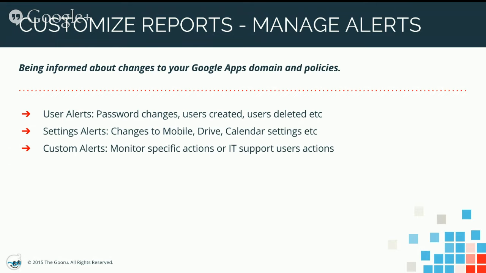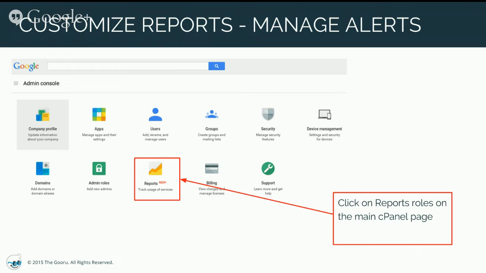And also now you can do customized alerts where you can monitor specific actions on your domain like group additions or deletions, or you might have a need to monitor a specific support staff user's actions, either as part of a decommissioning process if they're leaving, or to alleviate any errors that might be happening on your domain. As a systems administrator, you can never really have too much information and be advised about what's happening. So let's have a look at the customized reports.